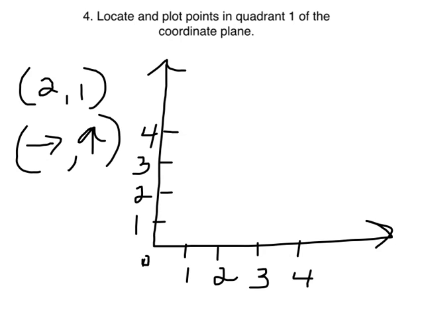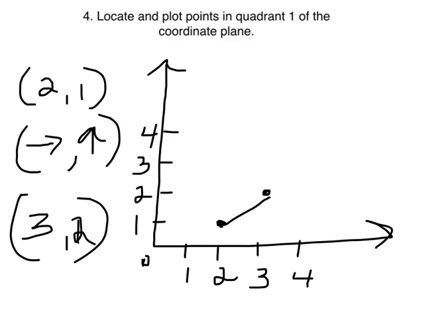So if I go over 2 and up 1, my plot's going to be there. Okay? Now if the next pair said 3, 1, I go over 3 and up 1. Or let's say 3, 2. Over 3, up 2. Then I might connect those lines. Maybe over 4, up 3. Next. And we can kind of see our slope.